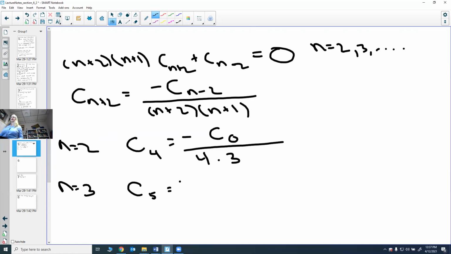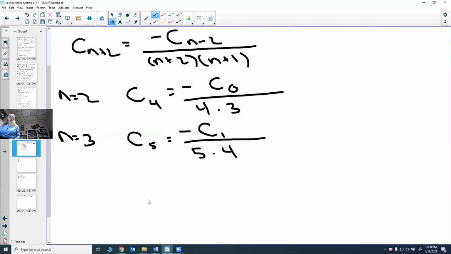That's going to be minus c sub 3 minus 2, which is c sub 1, over 3 plus 2, which is 5, times 3 plus 1, which is 4, so 5 times 4. If I know c sub 0, I can find c sub 4. If I know c sub 1, I can find c sub 5.